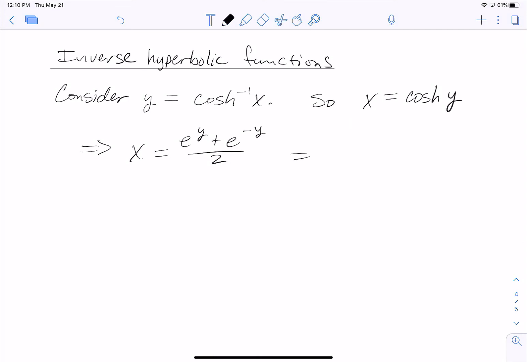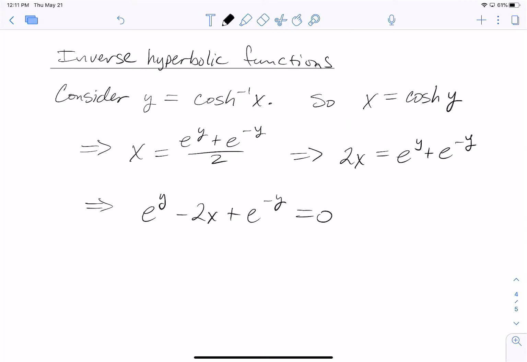First, I'm going to clear the fraction, and so I have 2x is equal to e to the y plus e to the negative y. Gathering together everything non-zero on one side of the equation, we end up with e to the y minus 2x plus e to the negative y is equal to 0.